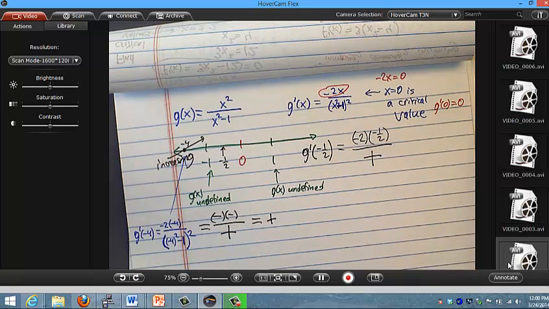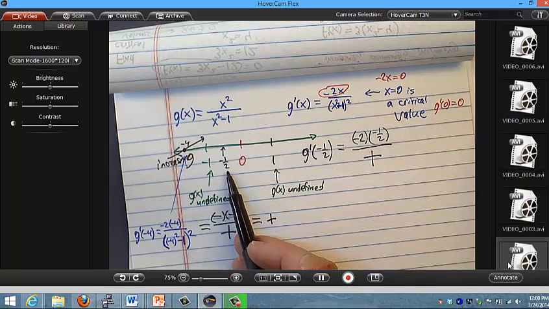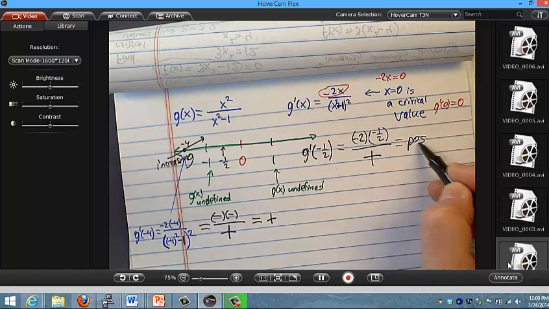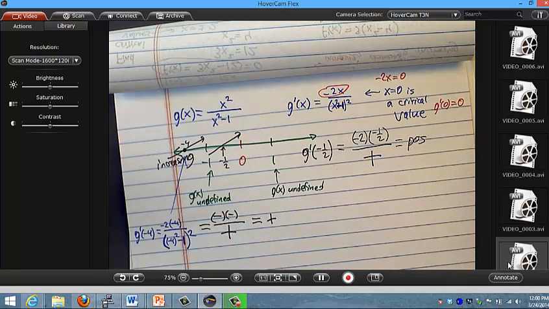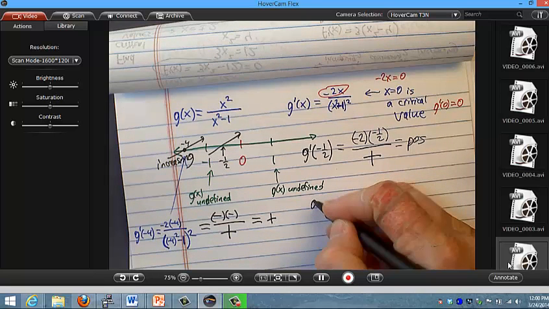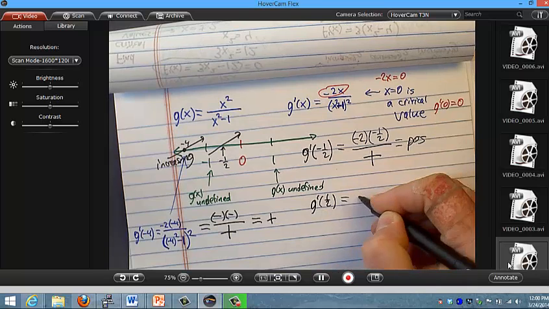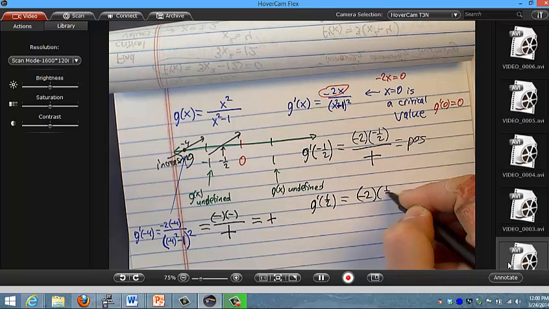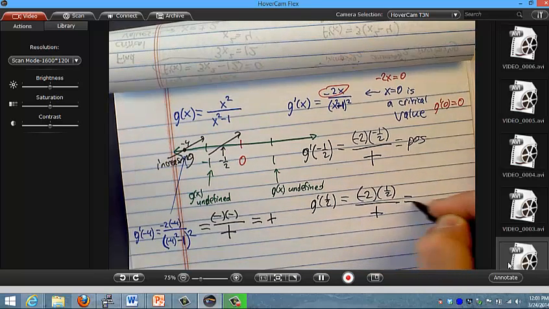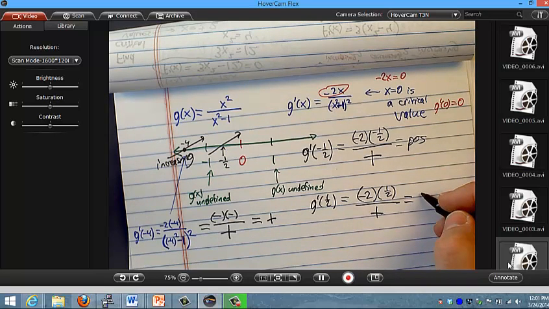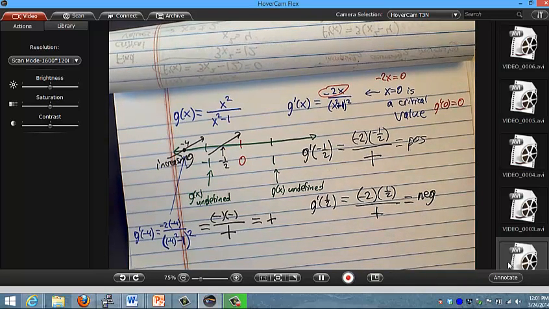So what happens between negative 1 and negative 1 half? It's still increasing. Now, if you try G prime of positive 1 half, that's going to be negative 2 times positive 1 half over a positive number. And so what's that going to be? Negative, which means what? Now we're decreasing.